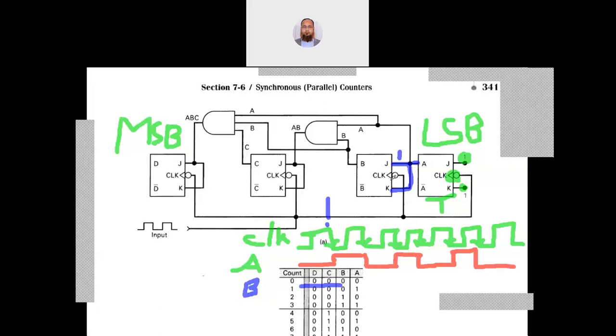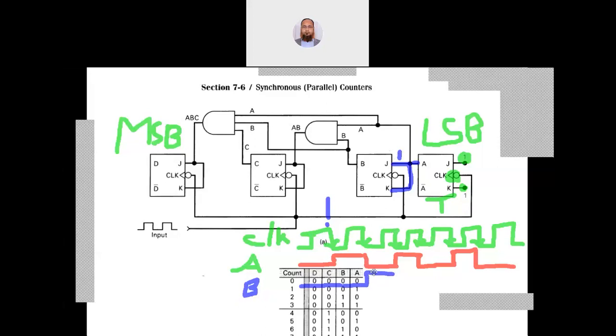What happens? The negative edge of the clock comes here, and at this time A is again high. So when A is high and the clock comes, B will change to the high state, and A is changing to the low state.